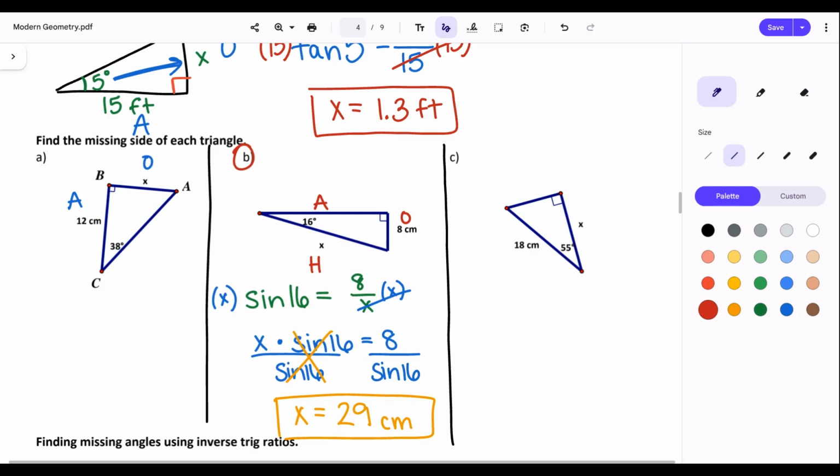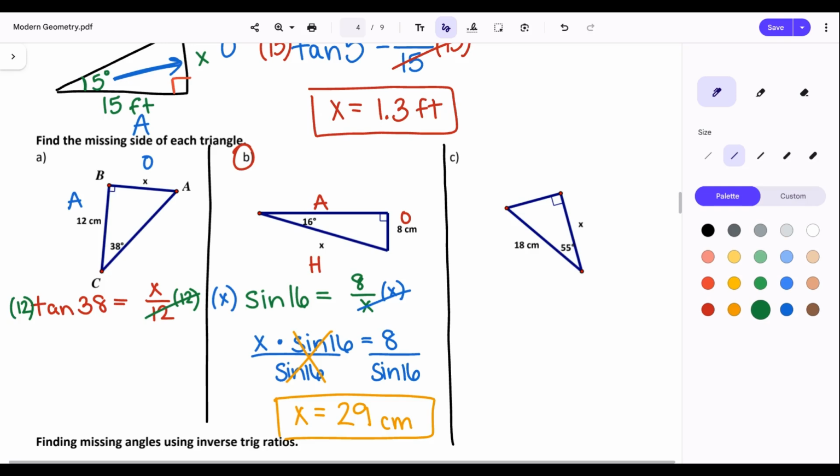Okay, so tell me what to write here to set it up. Okay, that looks great. How'd you solve for x? Okay, good. You took it times 12.